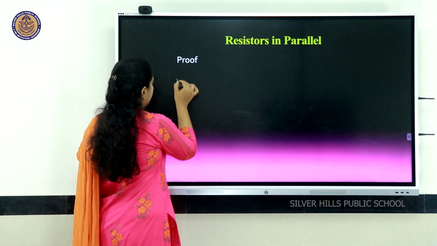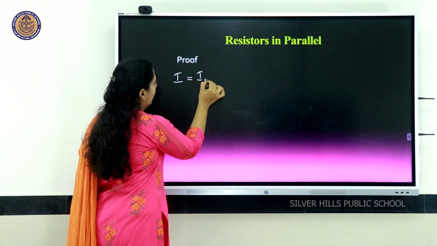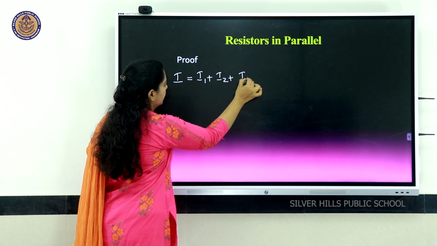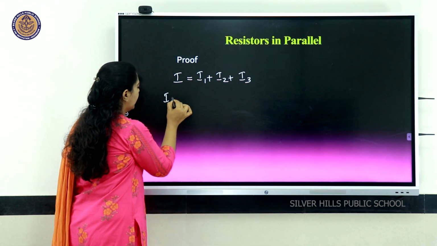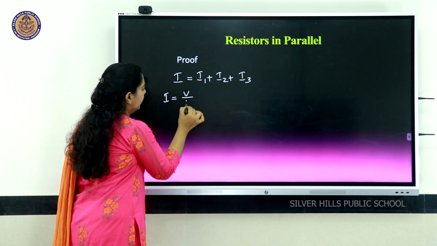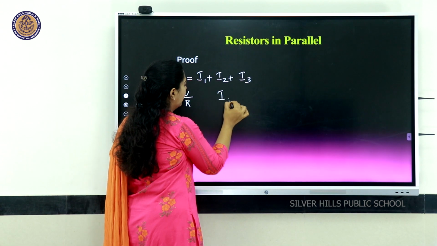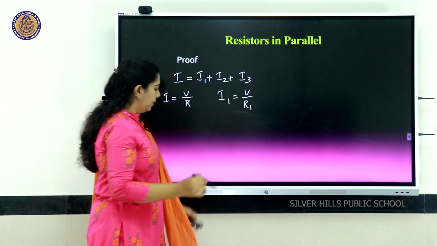Proof. The total current I is equal to I1 plus I2 plus I3. By using Ohm's law, you know the equation I is equal to V divided by R. I1 is equal to V divided by R1.